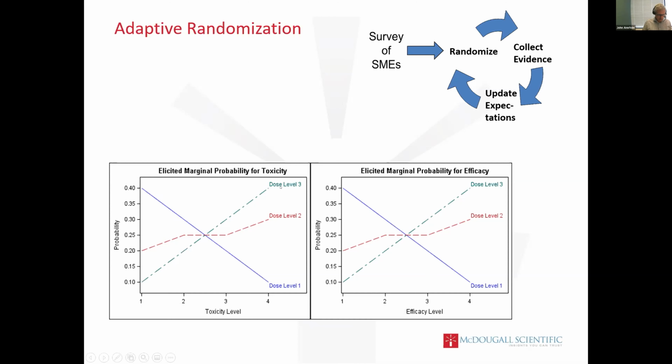And this goes back to Dr. Lawrence's discussions or comments about is it ethical to treat patients with experimental products that may not work or may be toxic. And in oncology, there's two things we're interested in. One is toxicity, one is efficacy.